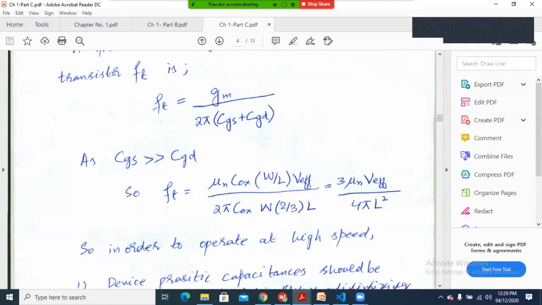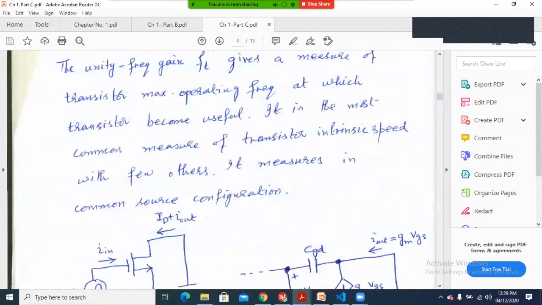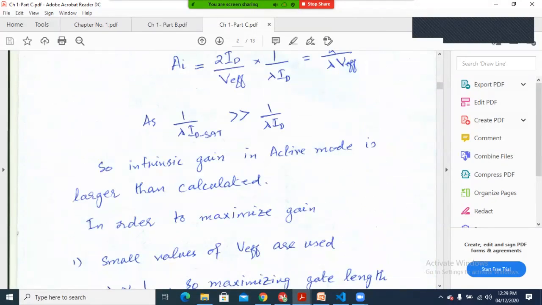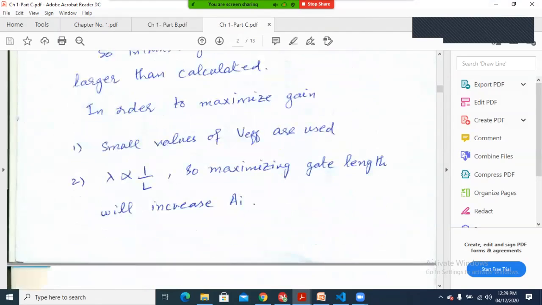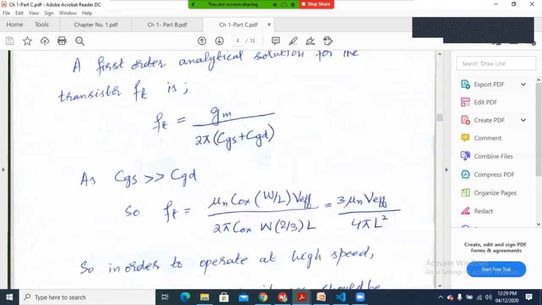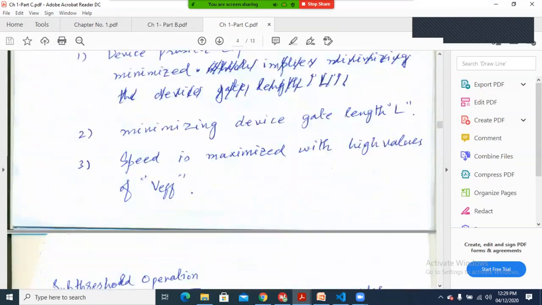So that is reciprocal in case of the intrinsic gain. So if we want to increase the intrinsic gain, Ft will be reduced, and if we want to increase the value of Ai, Ft will be increased. So these are the two reciprocal terms which we commonly use as analog figures of merit for the transistor.